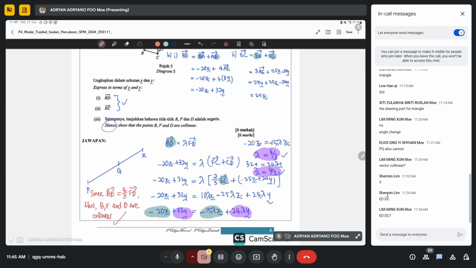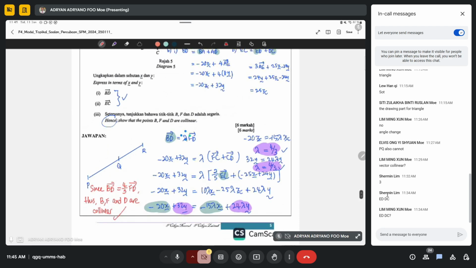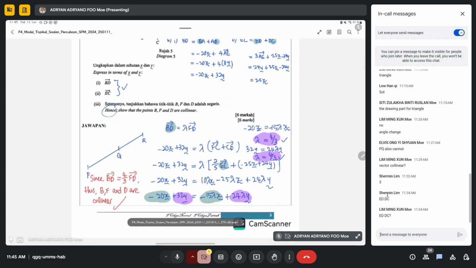Okay, any more questions regarding the Form 4 topics? For those that are more problematic, like the ambiguous case. For triangle, remember you must have 4 significant figures, or 4 significant figures and at least 2 decimal points. And for quadratic, remember to use the number line method.